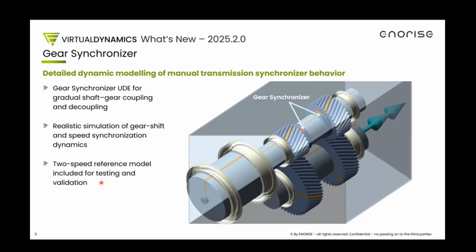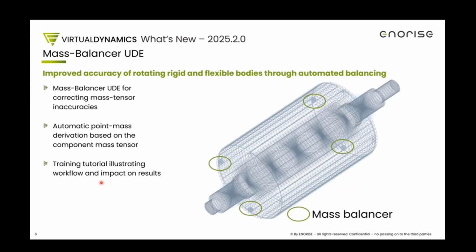Moving on to yet another brand new feature, which is coined mass balancer. So in dynamics, many important rotating components, in reality, undergo an additional balancing in the manufacturing line, right? To account for any imbalances caused due to tolerances or wear in the tools during production.